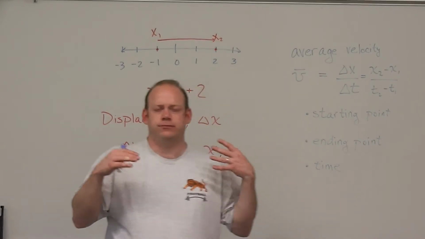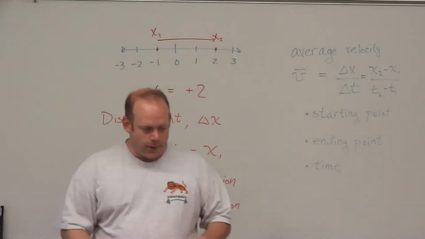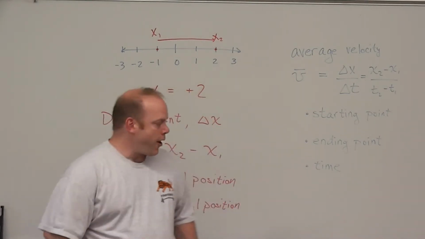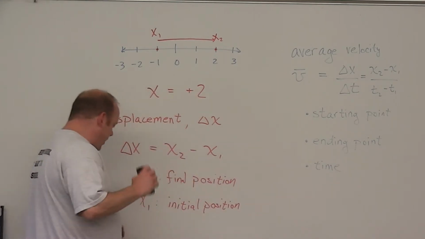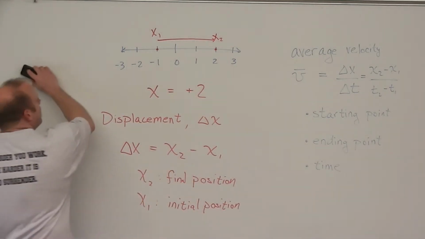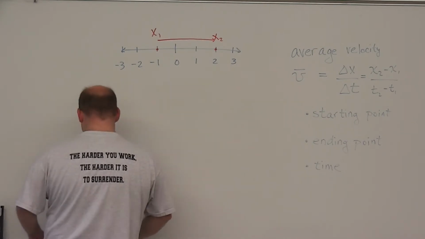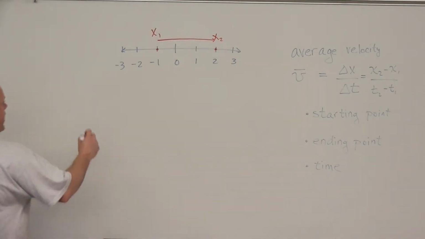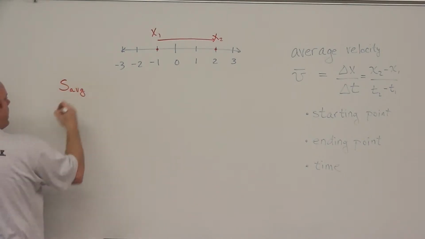And we'll see what that means when we take a look at average speed, which is our next thing that we're going to talk about. Okay? Average speed looks like the same thing, but it's not quite. And your book is going to use S average for average speed.